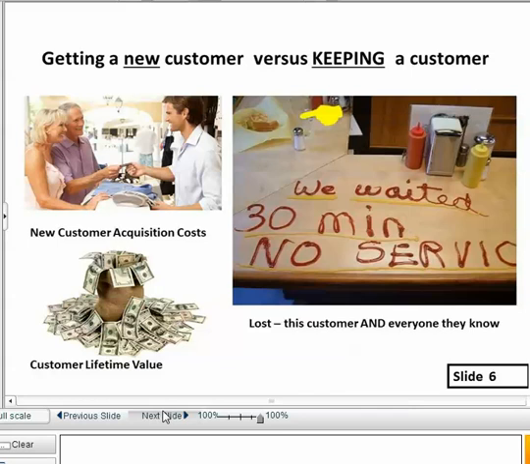So this gets into that realm of their lifetime value to you. Now, obviously, if you invest a tremendous amount of effort in acquiring a customer, you sure don't want to blow it, as in the picture on the right side. Okay? It only takes a little bit to upset a customer or a potential customer so that they never come back.